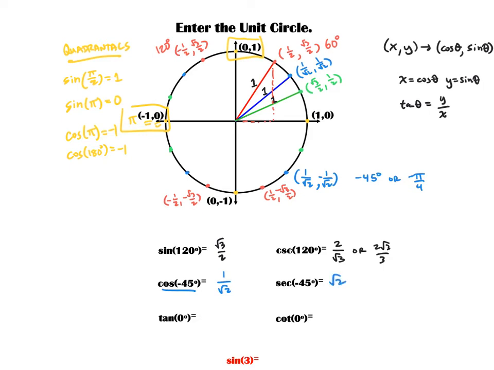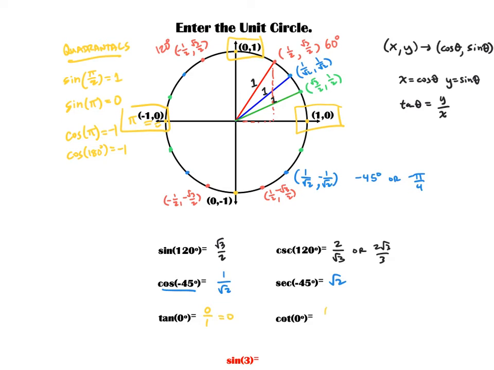Okay, let's look at the tangent of 0. Here's 0 degrees. This is also coterminal with 2 pi. So the answer to tangent of 0 would also be the answer to tangent of 2 pi. So what is the tangent of 2 pi? Well, we can take y over x, so 0 over 1, which would equal 0.